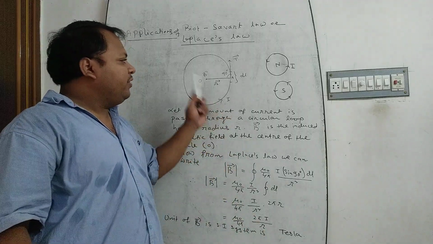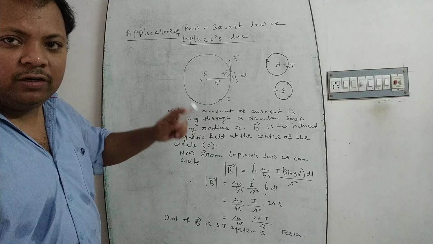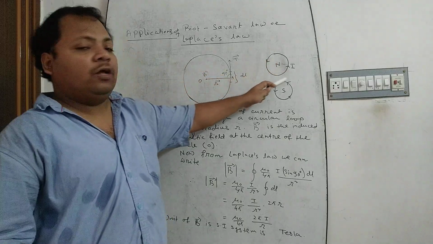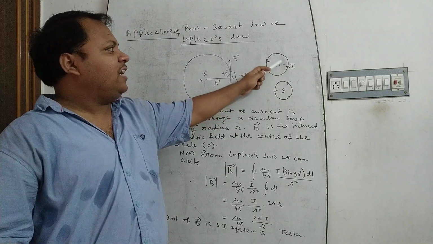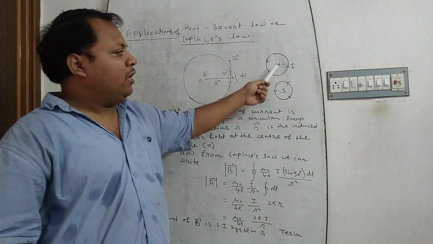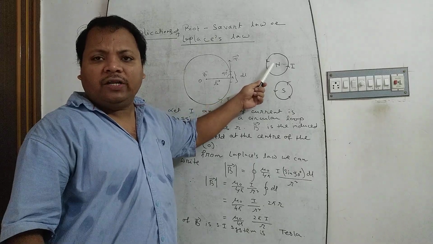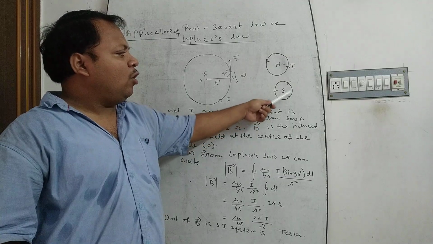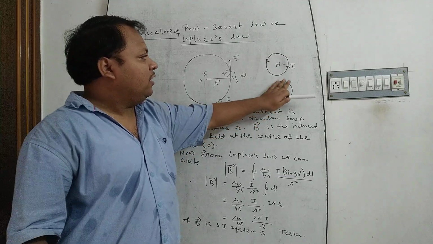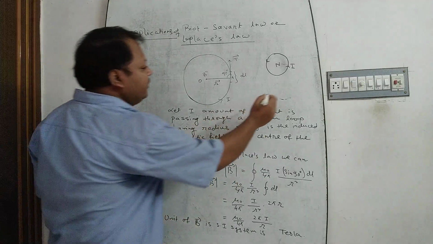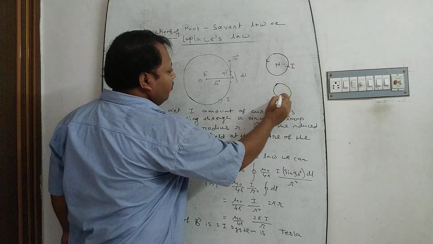And now the direction of B vector. When the current flows through the circular loop in anti-clockwise direction, then the induced pole is north pole. And when the current flows in clockwise direction, then it is south pole.